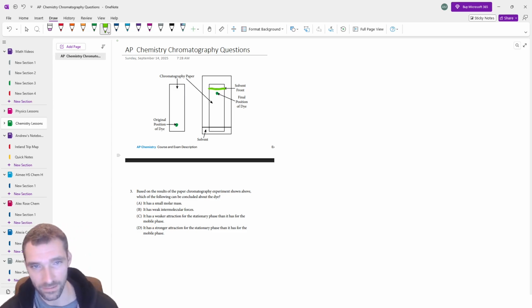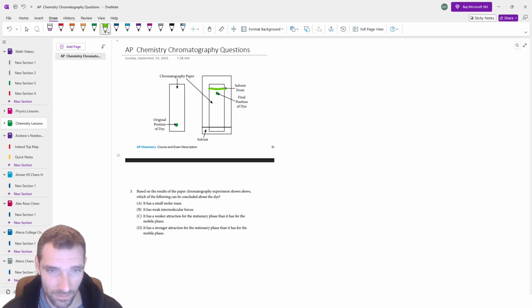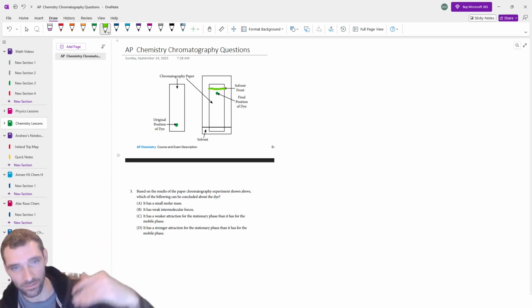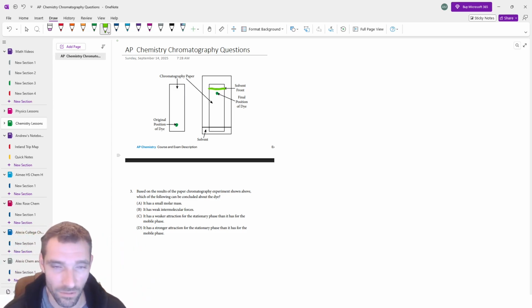It's not bound to the paper very much, if at all. If anything, it has a preference for being in the solution of the water or the liquid, and that solution is displacing it or making it detach. So the water or solution, the solvent, is interacting with the paper more than the dye.